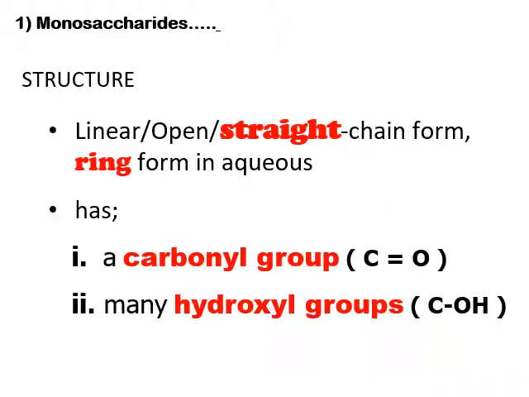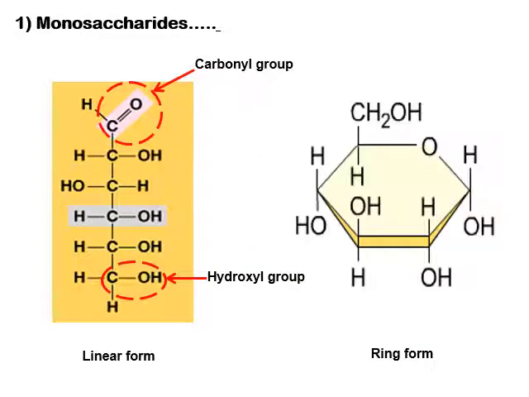Okay, let's look at the structure of monosaccharide. Okay, monosaccharide, the structure it can be linear, open, or straight chain form, or ring form in aqueous. It has a carbonyl group and many hydroxyl groups. Let's look at this slide. This slide shows you the two forms of monosaccharide, the linear form and the ring form.